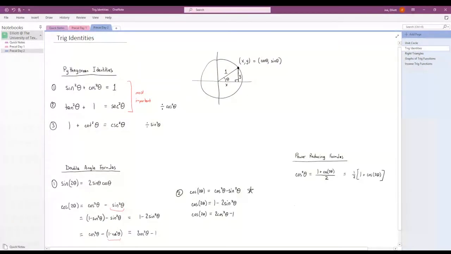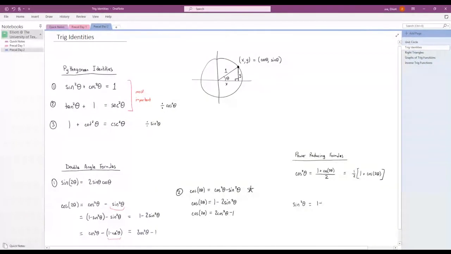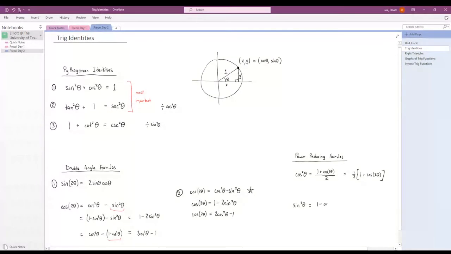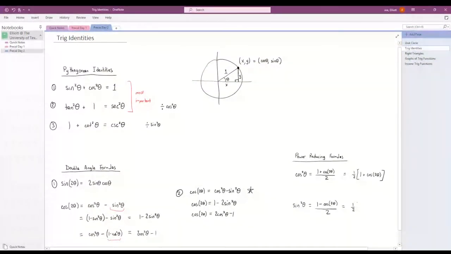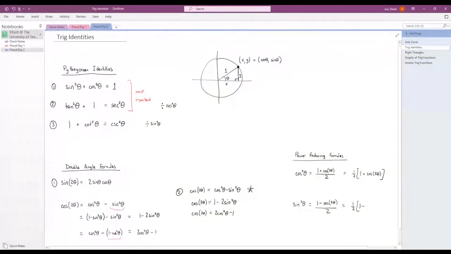And then there's also one for sine. Sine is the same as cosine, except in the formula it's going to be minus instead of plus. And again, sometimes I find it convenient to factor the 1/2 to the front.